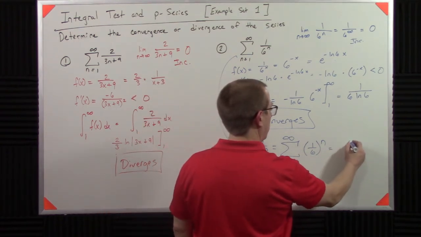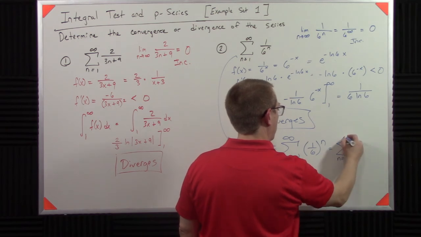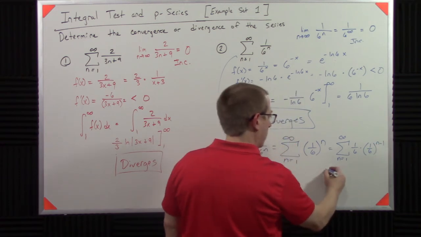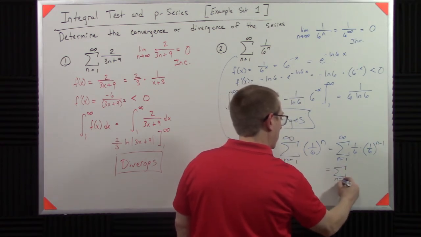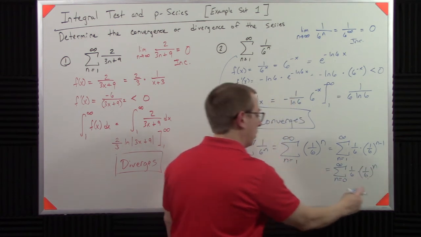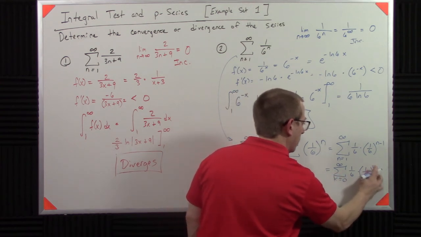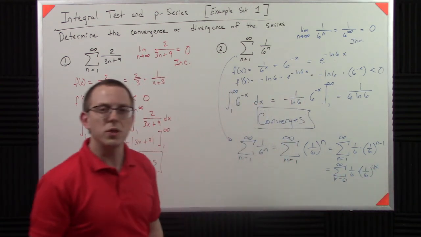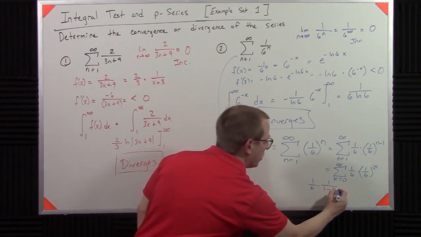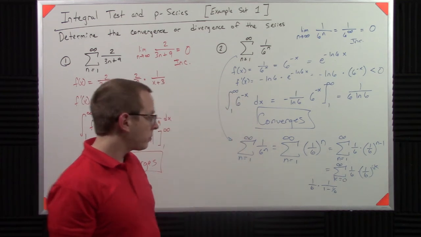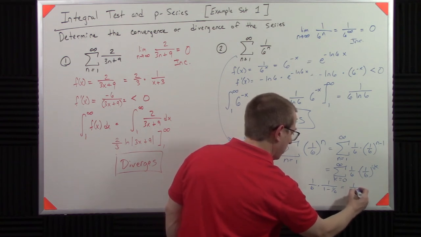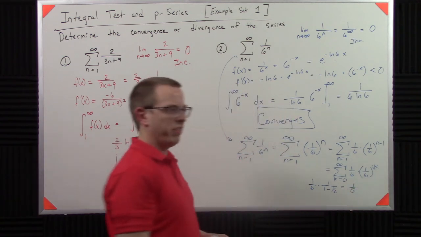So we could reindex it with those k's. And then we would get 1/6 times 1 over 1 minus 1/6, which gets us, I think it's 1/5, something like that.